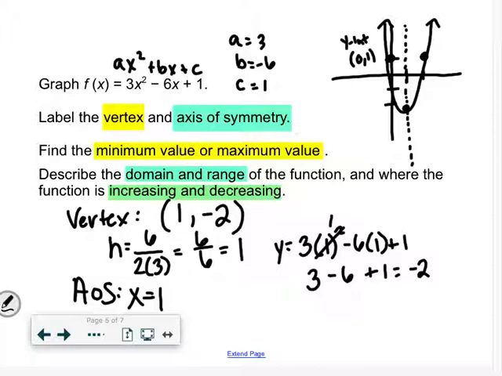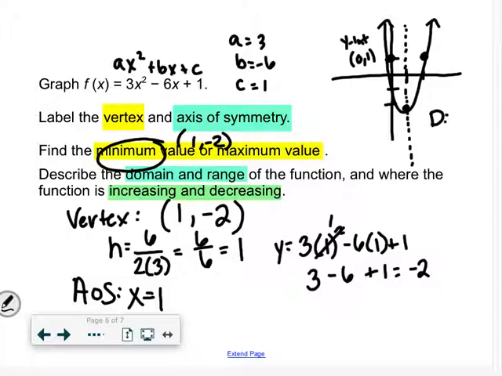Okay, now can we answer all the other questions? Yes. Does it have a min or a max? A minimum. Where is the minimum? Then I'm going to say (1, -2) is the minimum point, but the minimum y value is -2, which is important when we do our range because that's the lowest y will ever be.